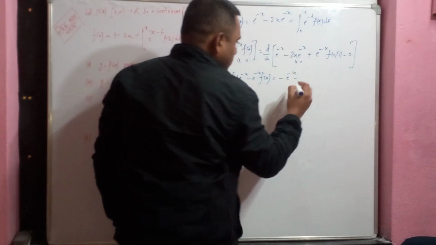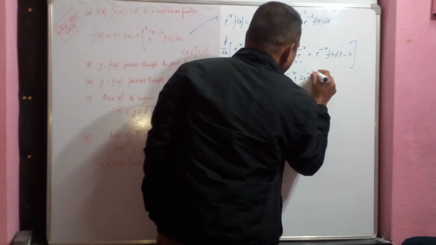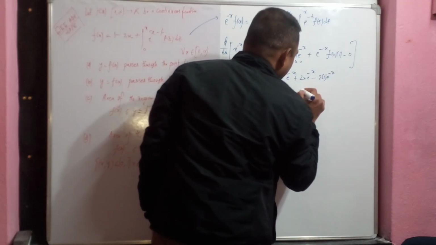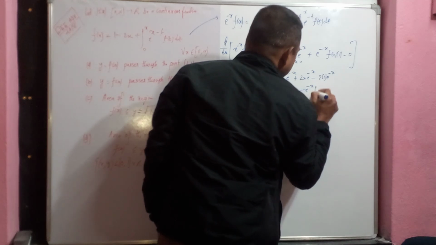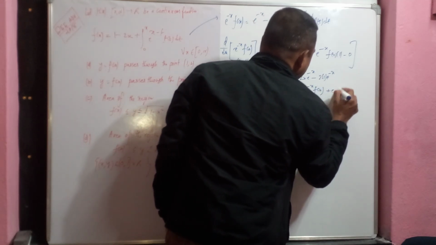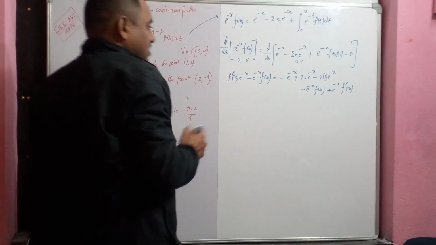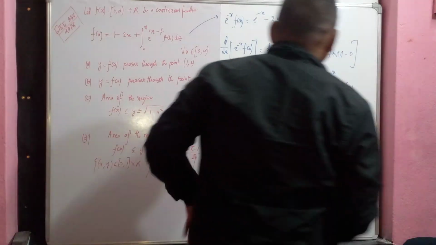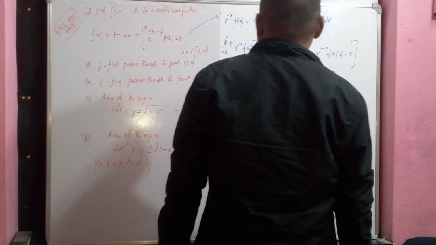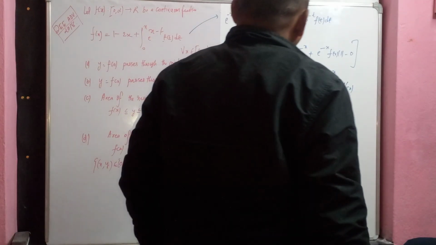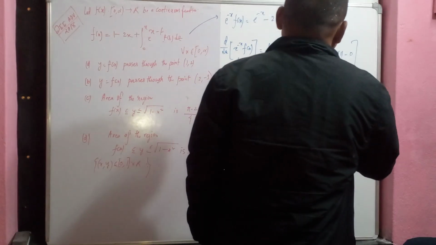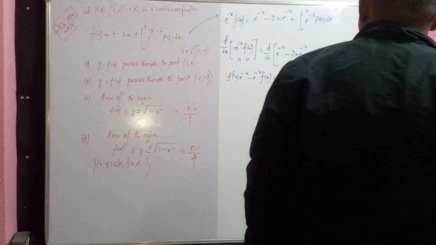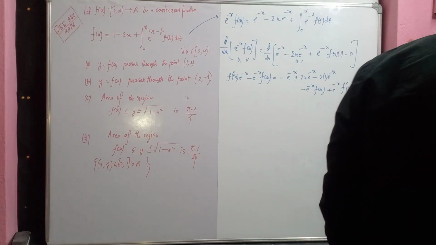Again the UV rule: minus 2x e to the power minus x differentiates to minus 2 e to the power minus x plus 2x e to the power minus x, and then minus e to the power minus x f(x) plus e to the power minus x f dash x.